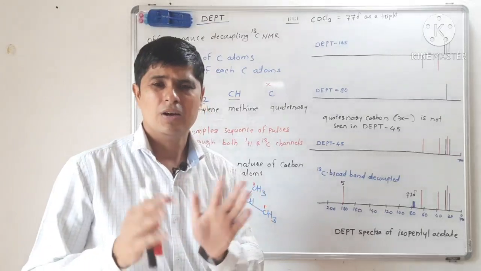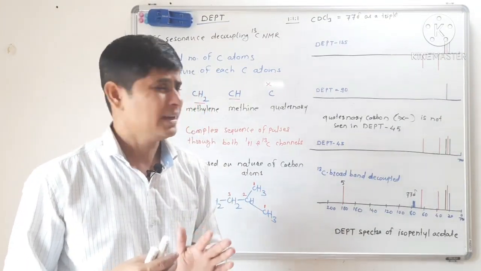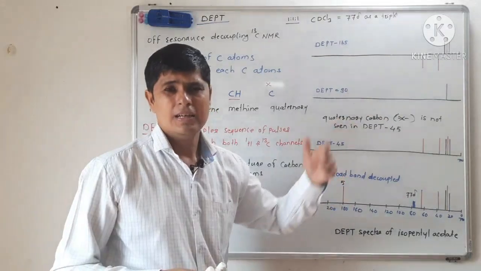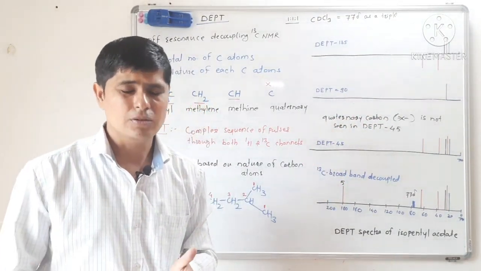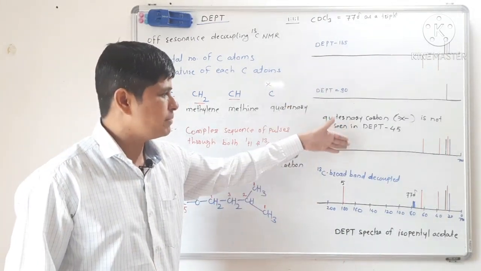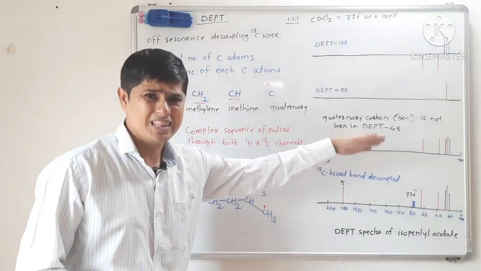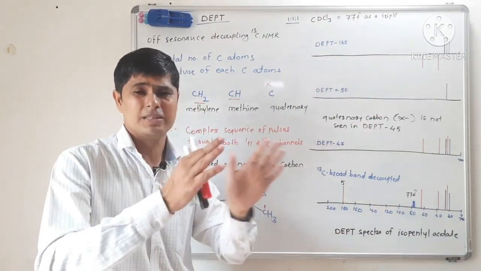We are not worrying about their names or how these peaks came. We are not going into much more detail of why DEPT 45 gives these peaks, or why DEPT 90 gives these peaks, and why DEPT 135 gives so and so peaks.